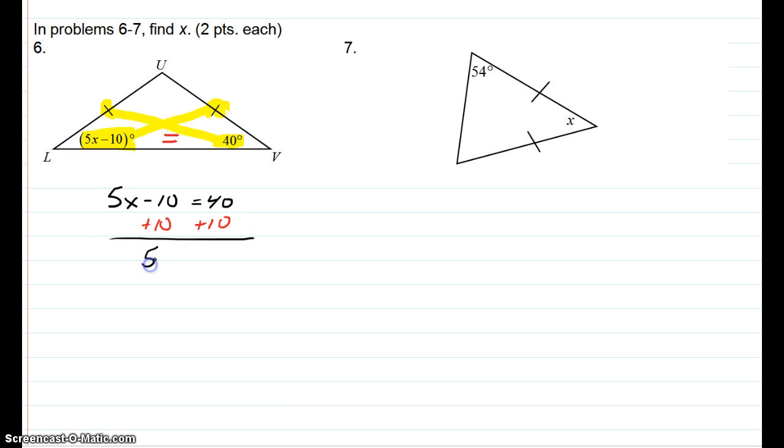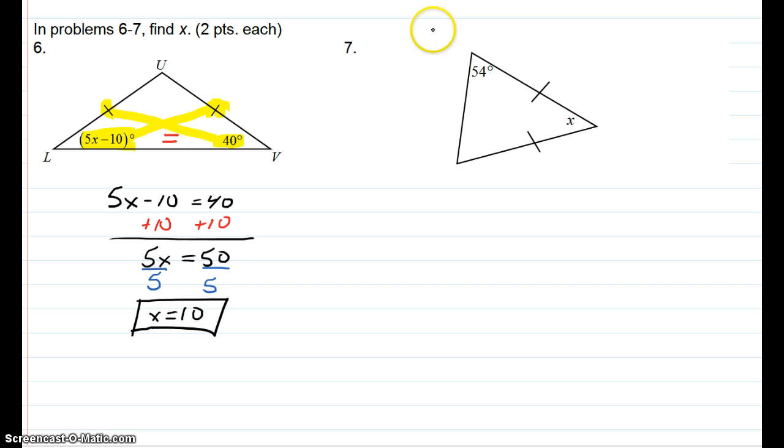So we get 5x equals 50. Divide by 5, and we get x equals 10. So the problem said find x, we found it, so x is equal to 10.